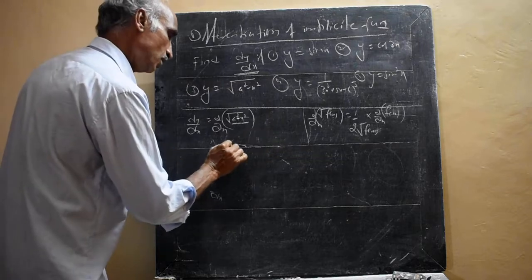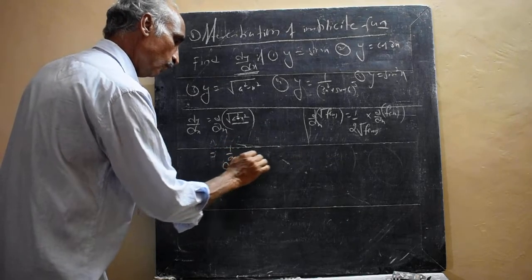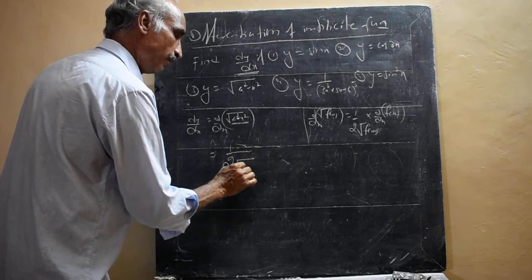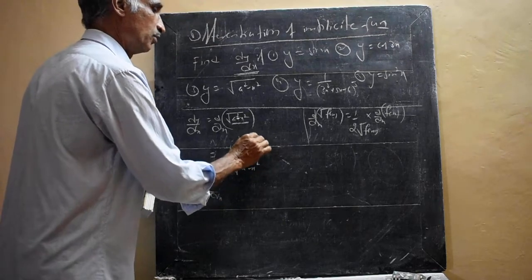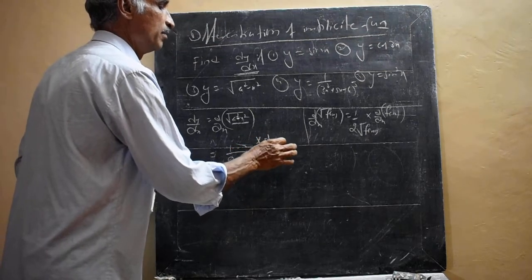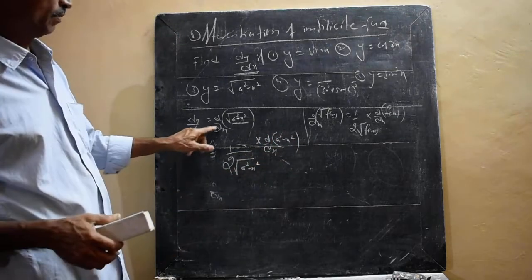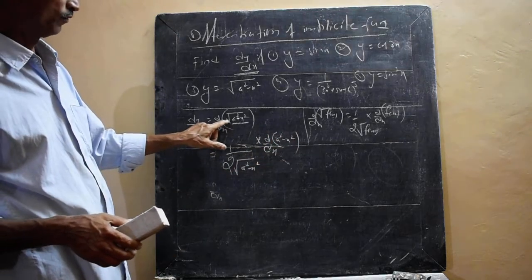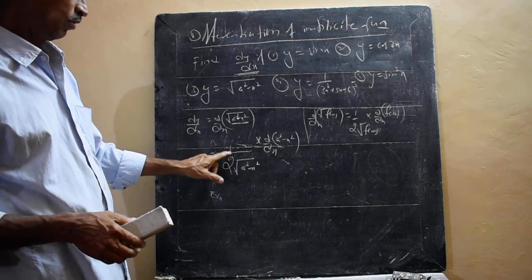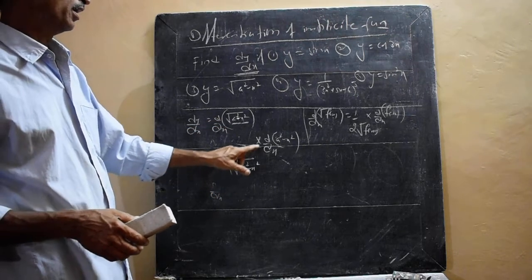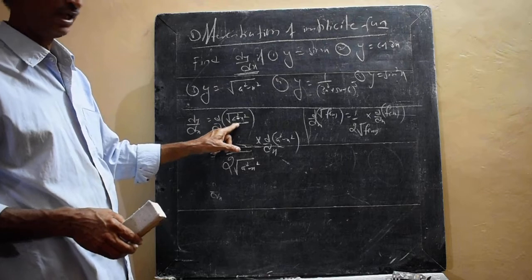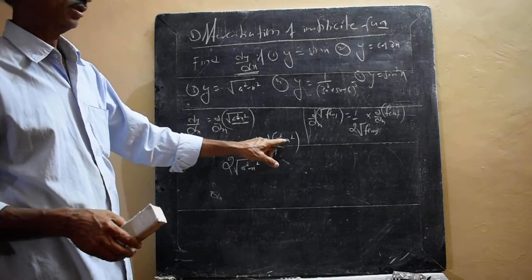Therefore, the answer is 1 upon 2 root f of x, f of x means a square minus x square, into d by dx of the inside, f of x, a square minus x square. At the outset it is root. Therefore, root f of x differentiation is 1 upon 2 root f of x into d by dx of the quantity inside the square root, that is a square minus x square.